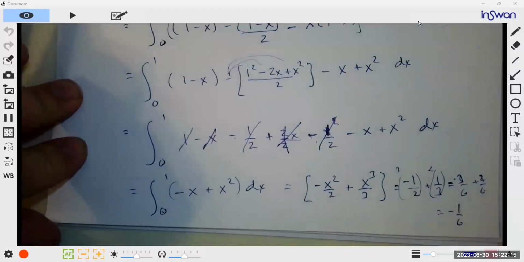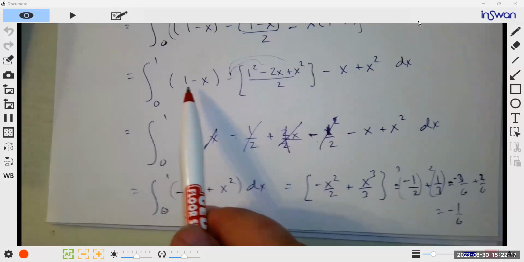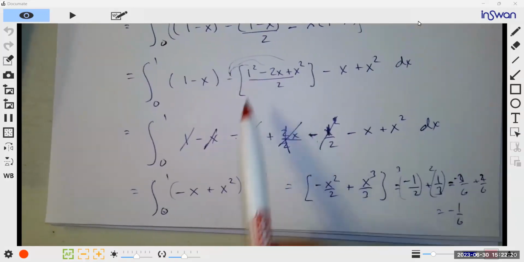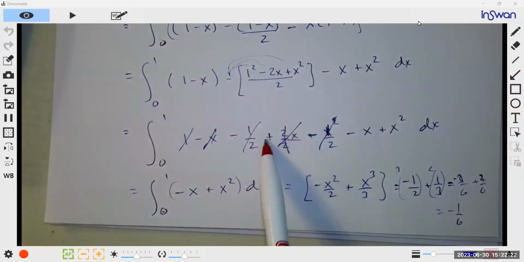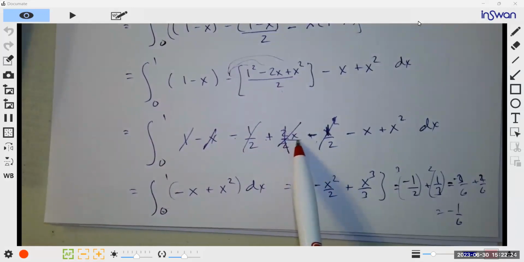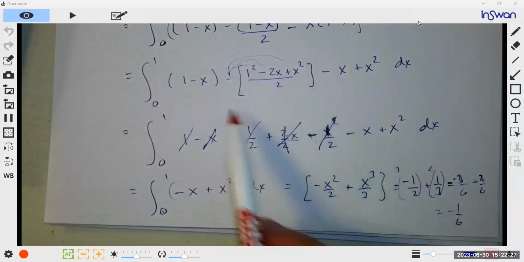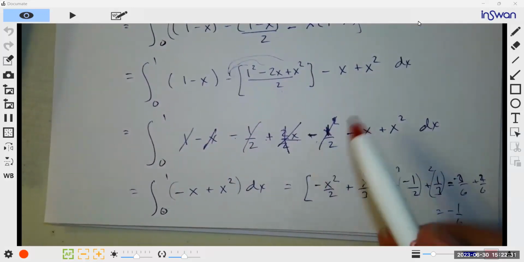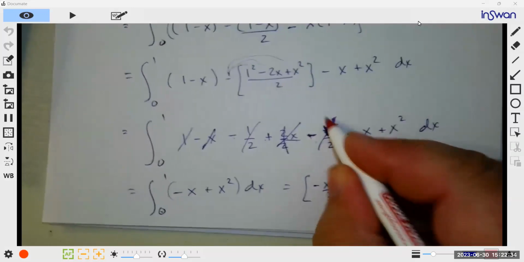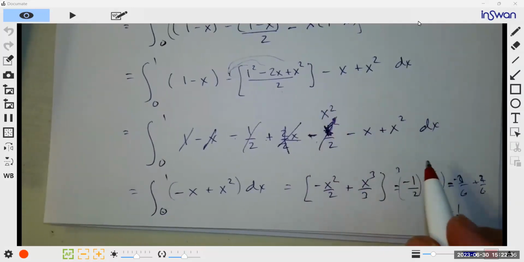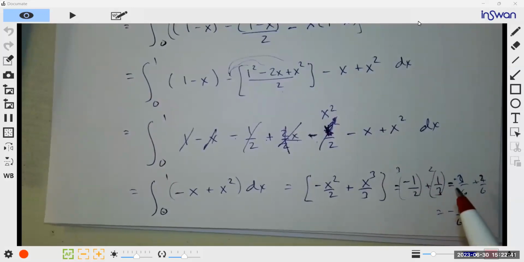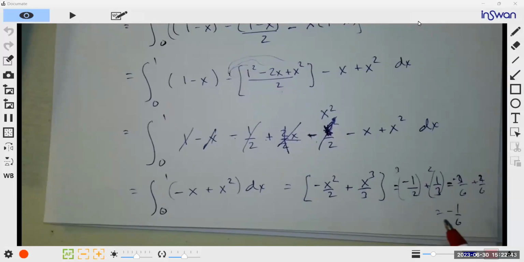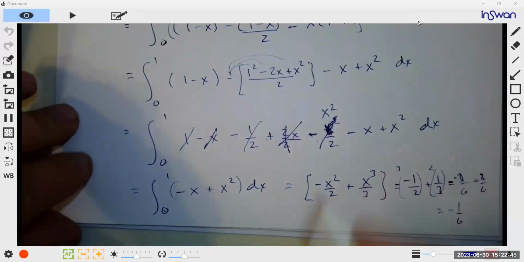Okay, I have a sign issue here. Negative x squared, not 1 squared, x squared over 2. Let me start from this point over.